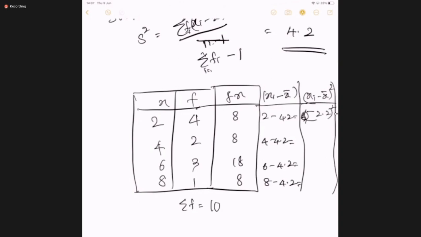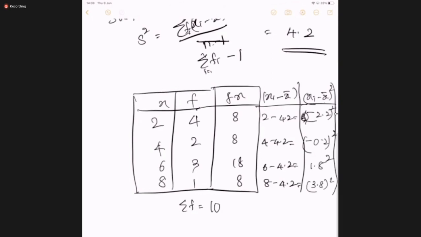Here we will have minus 0.2 and get the square value. Here we will have 6 minus 4.2 is 1.8 squared. So here we have 3.8 squared. Okay, now we have found the xi minus x bar squared column.